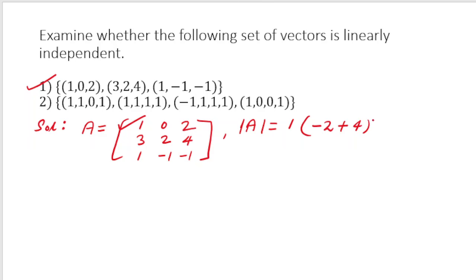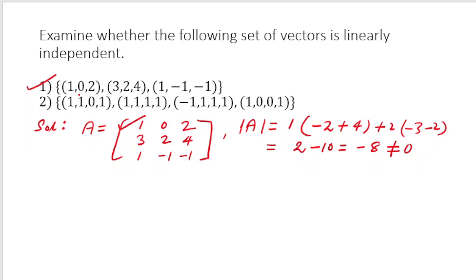Then minus 0, so no need to write, and then plus 2, and here 3 into minus 1 is minus 3, and 2 into 1 is 2, so I write minus 5. So we get minus 2 plus 4, that is 2, and minus 5 into 2 is minus 10. So what we get is minus 8, which is not equal to 0.